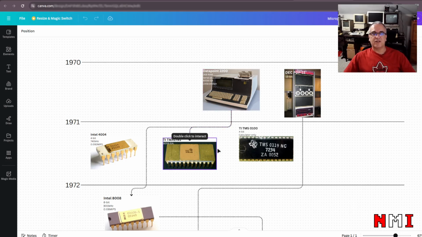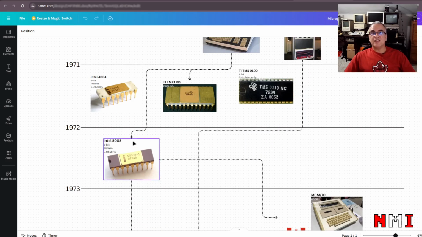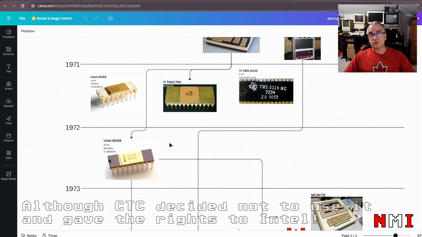From what I read, it was very sensitive, with very low tolerance for voltage variations and stuff like that, so it didn't really move forward. But the Intel 8008 did what was expected from it, and it was successful, right?